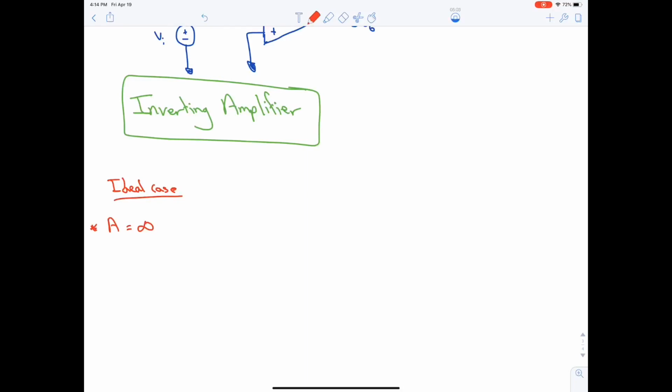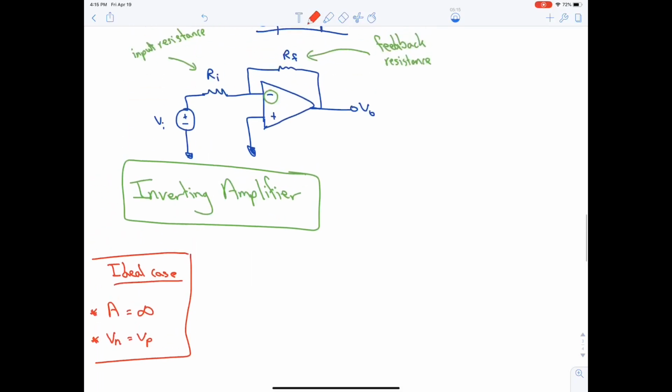That's one of the values in the ideal case. And Vn is equal to Vp whenever we have an ideal amplifier. Vn is the voltage at the negative side, and this is Vp. They are always equal to each other in an ideal case.